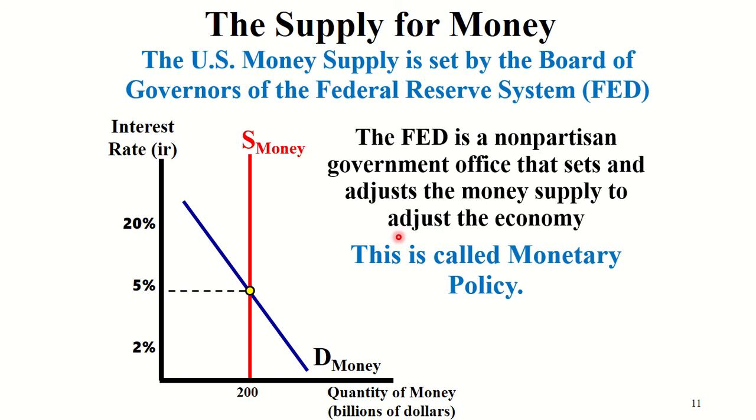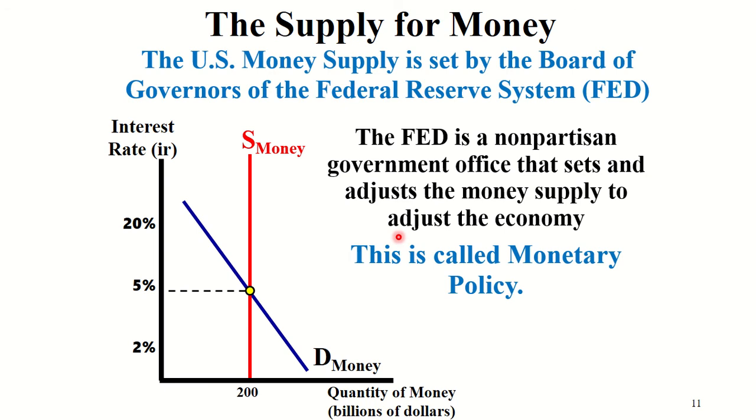It sets and adjusts the money supply to adjust the economy, right? The Federal Reserve has certain mandates. One of their main mandates is to keep unemployment low and to keep inflation stable, right? To keep prices stable, by keeping inflation to a minimum.